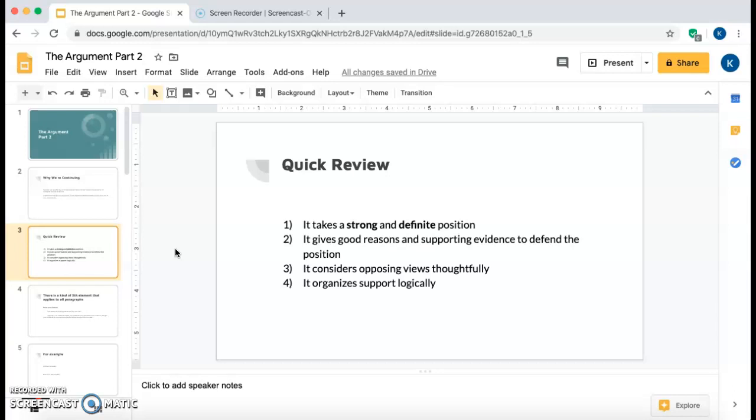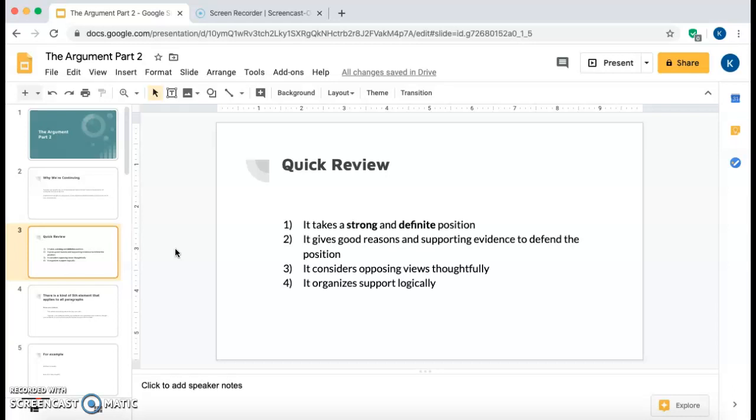So you want to take something that is a stance that people inherently are going to disagree with. It would also be nice if what you're arguing is something that some people agree with, sure, but as long as you have some sort of split that can be separated based on your views, and it doesn't have to be a 50-50 split.